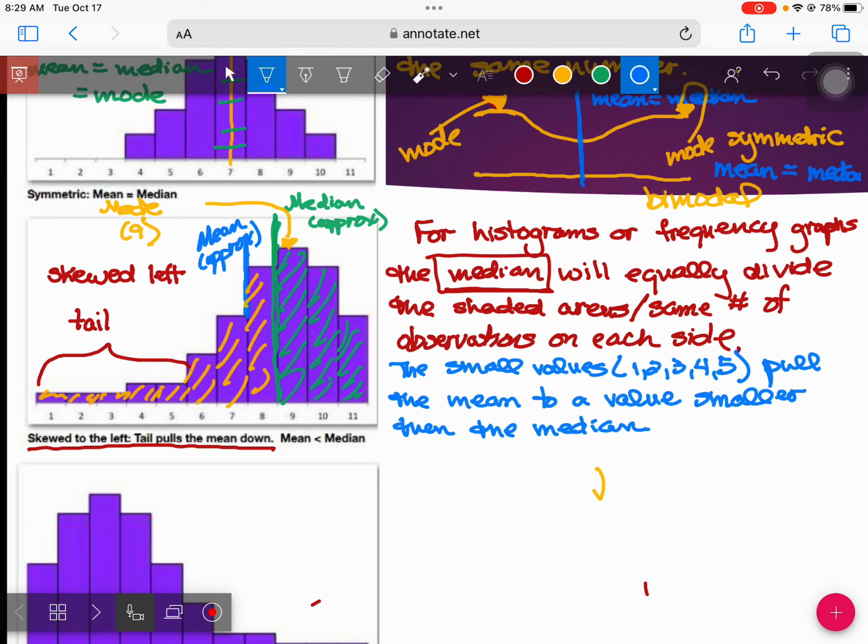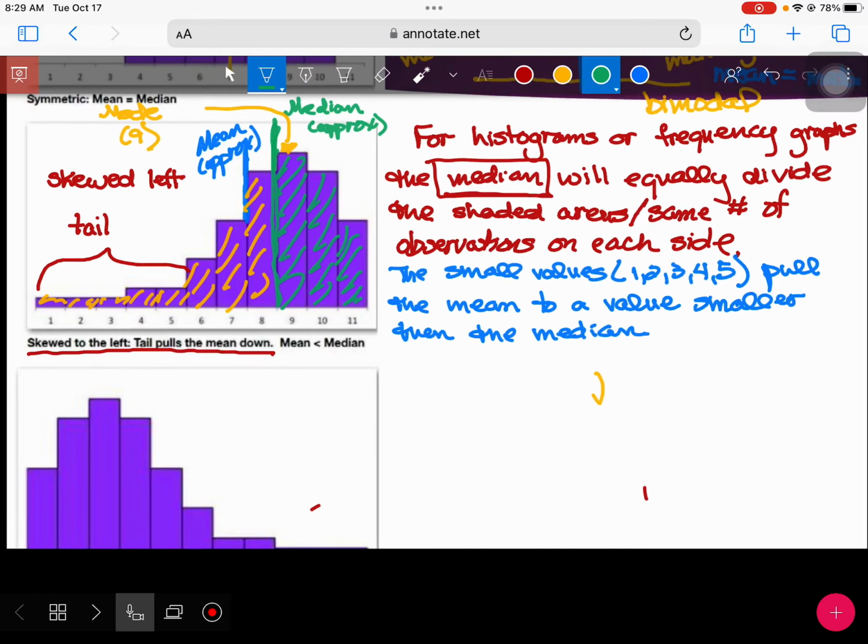All right. And the last part. There's one more part. So there's a lot of writing in here.